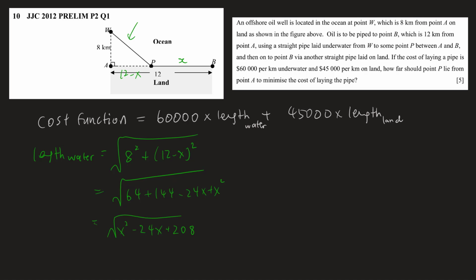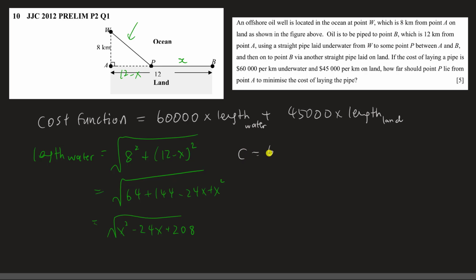Then we are going to push this, because this is the length of water in terms of x, into here to give us a cost function of 60,000 (x squared minus 24x plus 208) to the power half plus 45,000x.